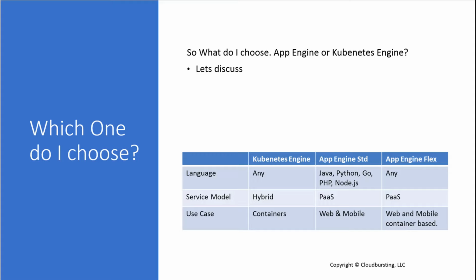So if you're using on-prem Kubernetes, then it would make sense to keep on doing that, or maybe extend it out to Google Cloud, depending on what you're trying to do. But Kubernetes is actually more flexible in what you can do. Another benefit with Kubernetes is the portability and the independence of your cloud platform. So you could move those containers around wherever you want.